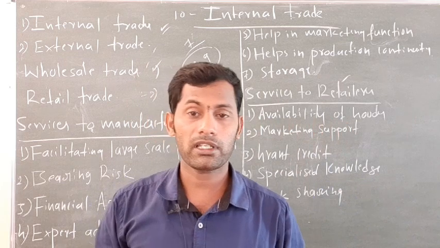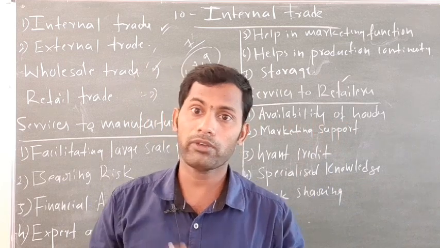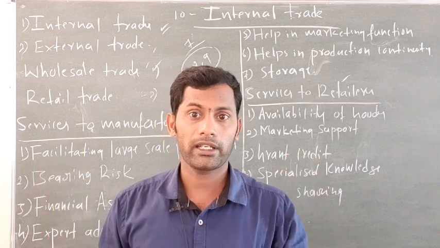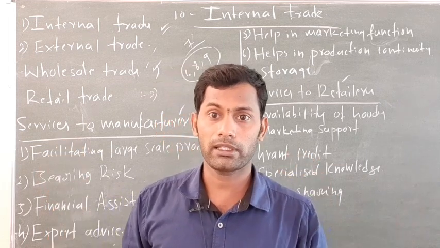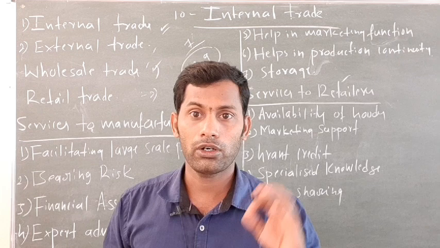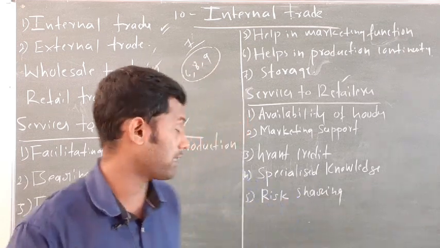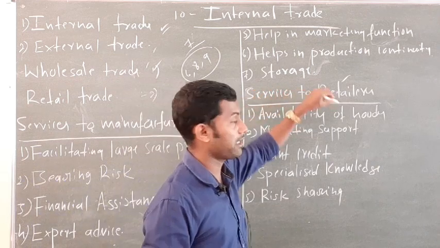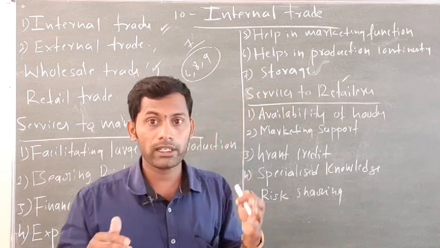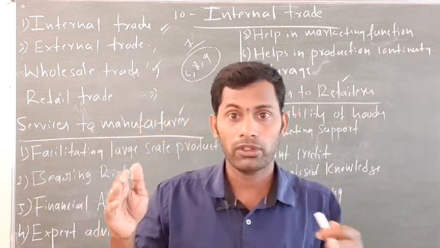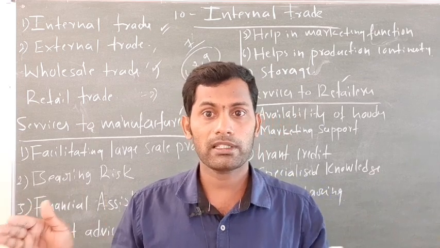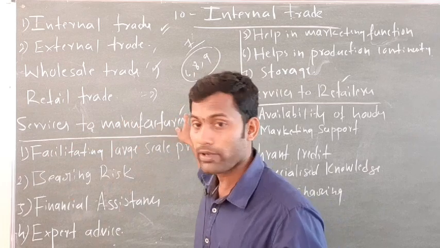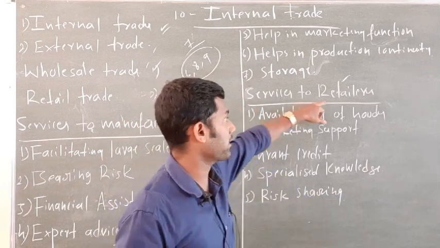Here he performs some activities or functions or services. Who now? The wholesaler. He gives some services to the manufacturer and again to the retailer, because the wholesaler is in the position of a middleman, just like a broker or agent between the manufacturers and the retailer.